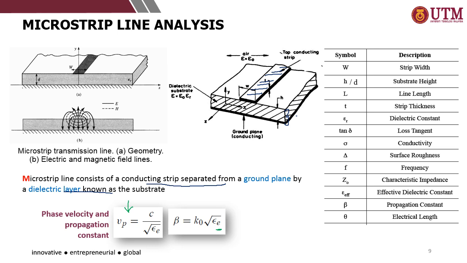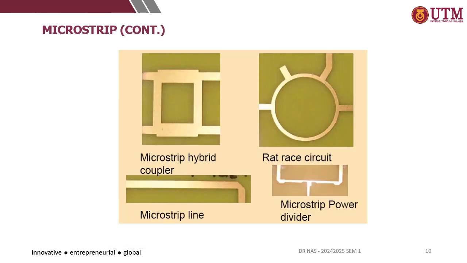Make sure when you refer to the appendix, you refer to the right equation. The slide shows some fabricated microstrip lines that are used as a coupler and also power divider.